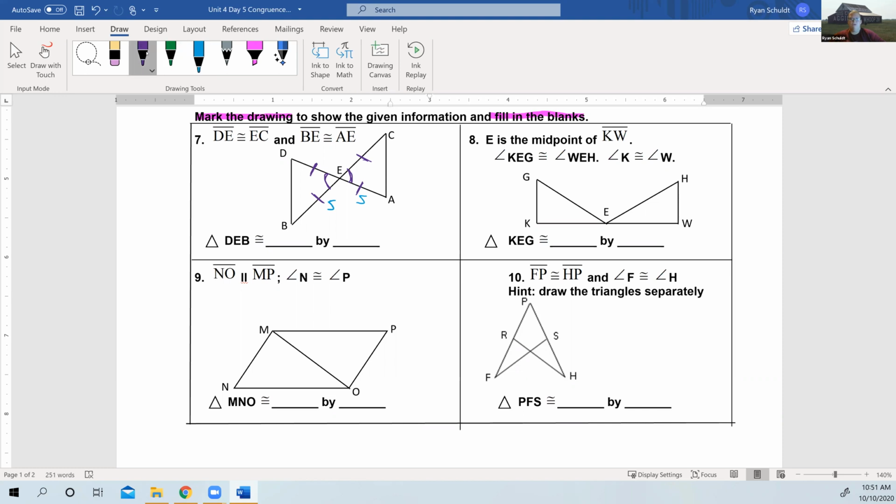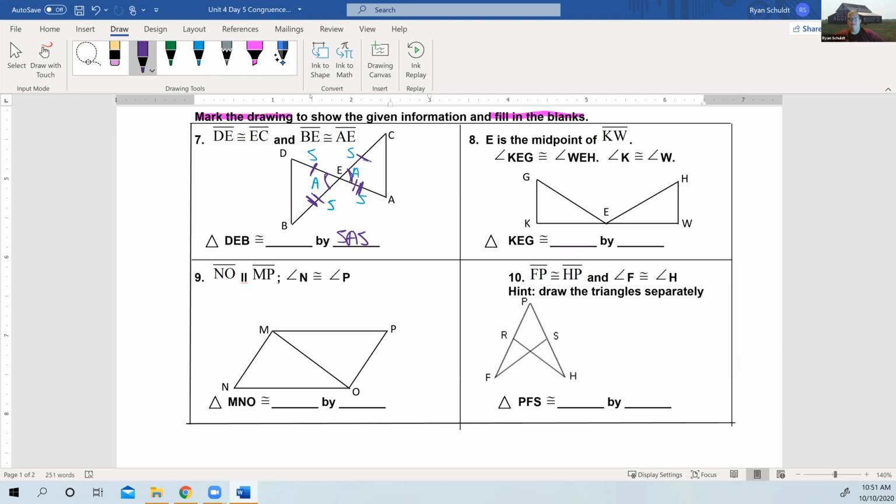Oh, I need to remark these. BE and AE need to have 2 marks. There we go. Okay, so we got a pair of sides. We got another pair of sides. Our angle, is it in between the two sides? It is. So these are congruent by side angle side, for sure.